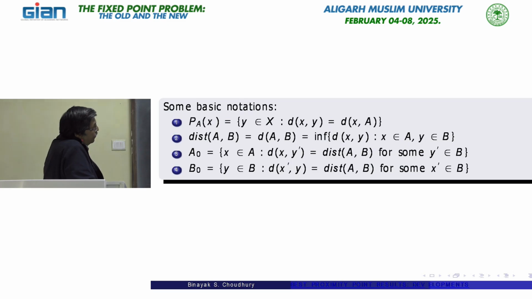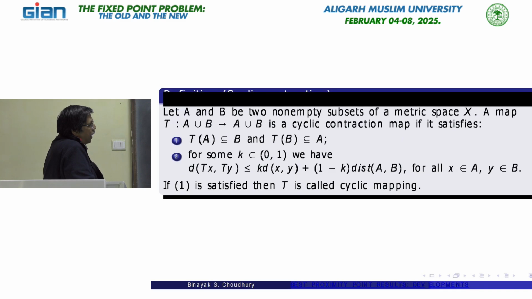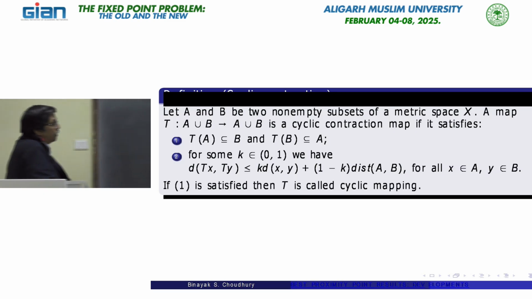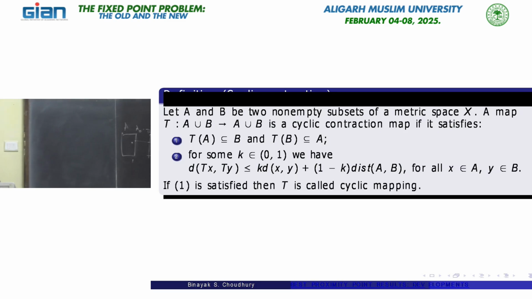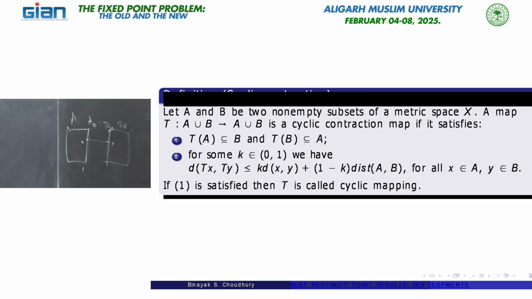This is the definition, actually from 2006, the original paper. T from A union B to A union B is a mapping. The first part is called the cyclic mapping: T maps A to B and T maps B to A. That means A is mapped to B and B is mapped back to A. If that is the case, we call it a cyclic mapping.